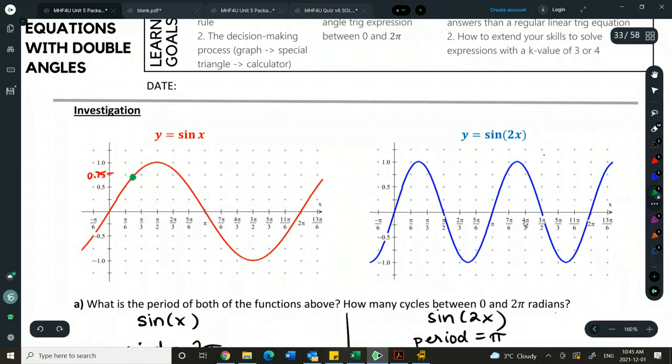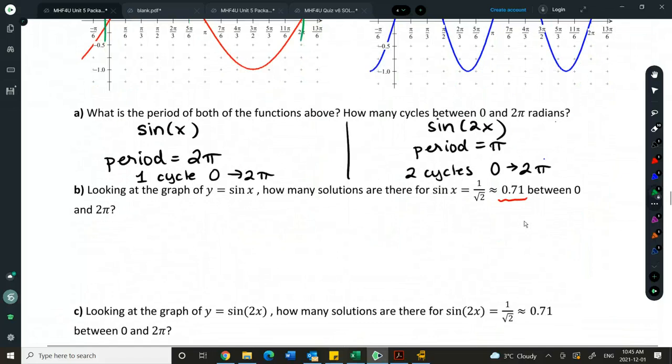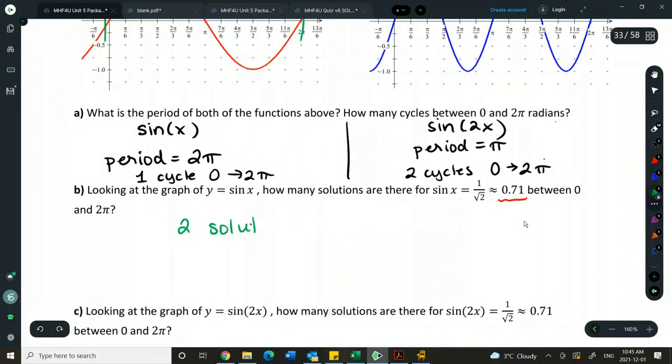I can see it's happening once here, and it also happens once on the way down. I'm just cutting it off there, in between 0 and 2 pi. So sine hits a y value of 0.71 twice in between 0 and 2 pi, once here and once here. So there are 2 solutions in between 0 and 2 pi.